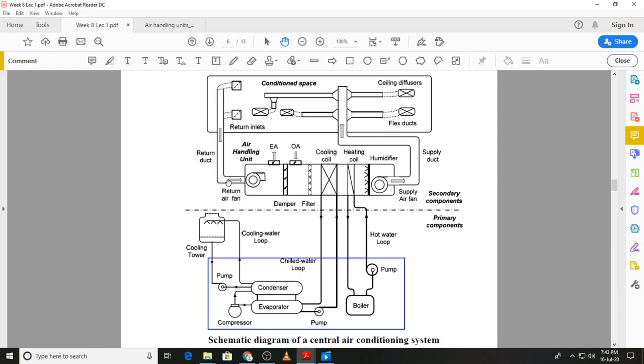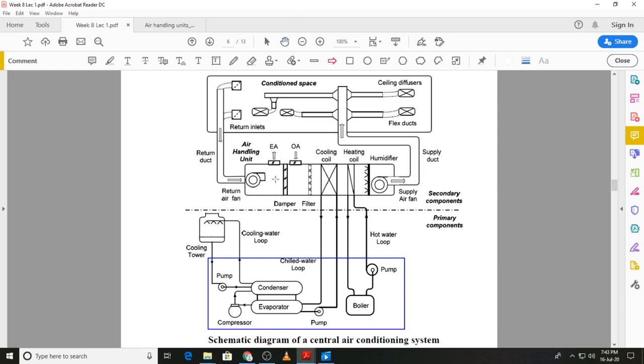And in the air handling unit, you have the supply air. We will start from the supply side, then you will see we will come back to the air handling unit. It goes into the conditioned space, and then it will take up the load from the conditioned space. It will be returned, and when the air is returned, part of it is exhausted.